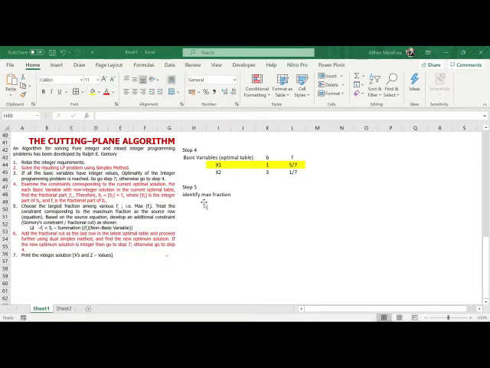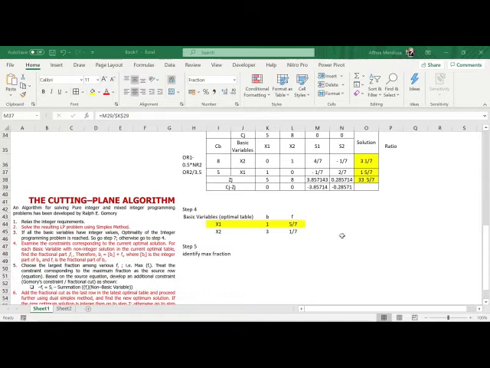So it says to create an additional constraint. Based on the source equation, develop an additional constraint, which is the Gomory's constraint. First, let's identify what is inside the fractional x1. Let's get the values of x1 from our final table. Looking at our final table, let's get its variables.